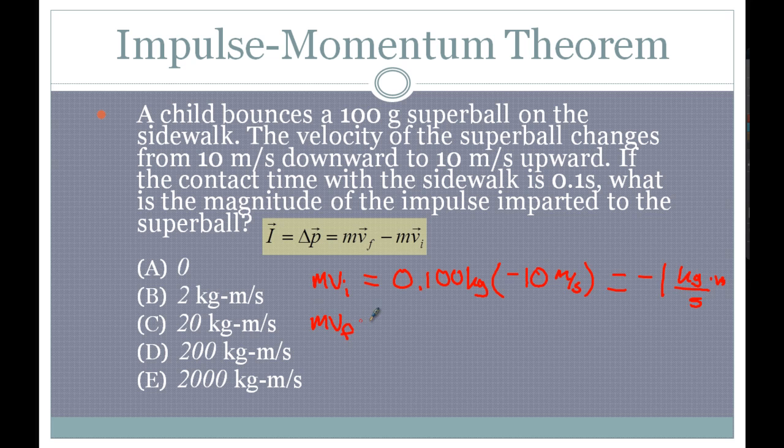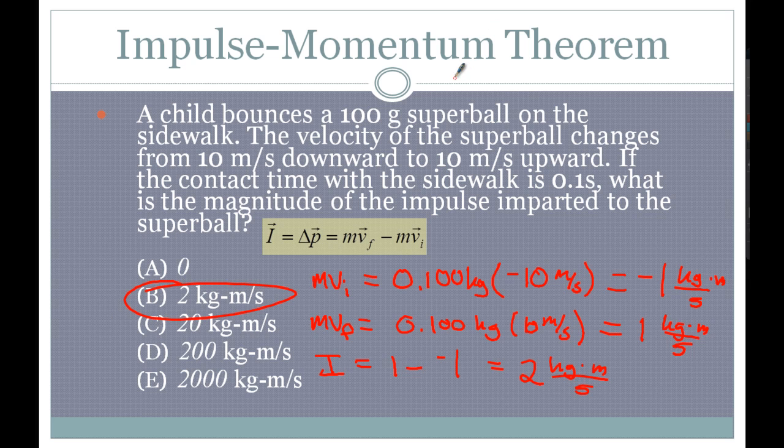Similarly, m v final, 0.1 kilograms times a positive 10 meters per second, we're going to get positive 1 kg times m over s. Now our impulse is going to be this minus this, so 1 minus a negative 1, which gives us 2 kg times m over s.